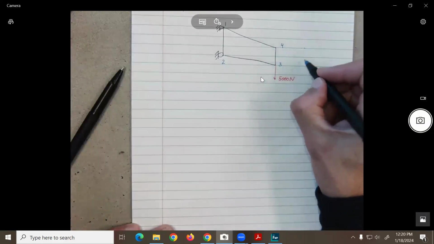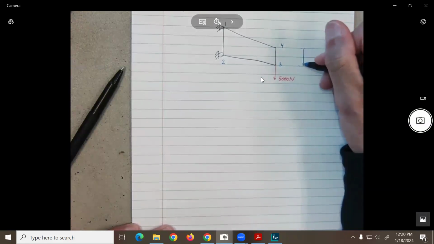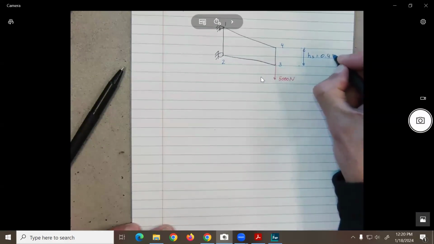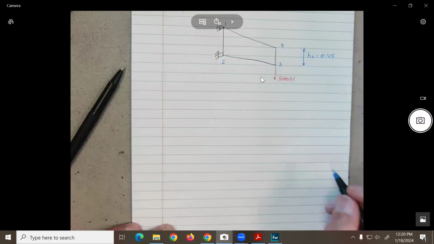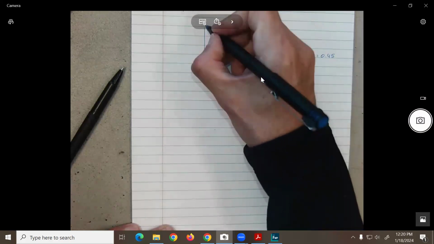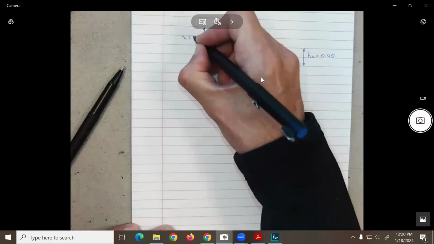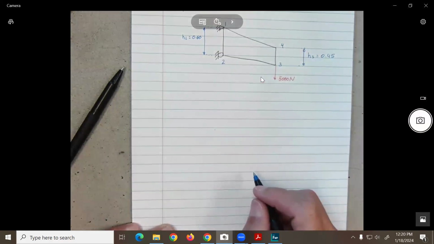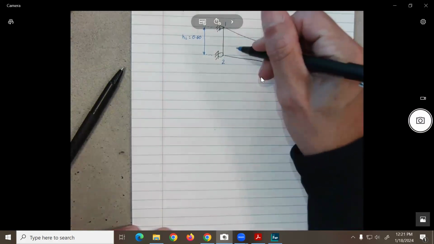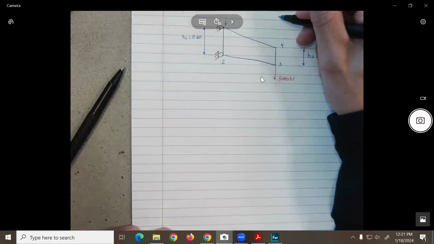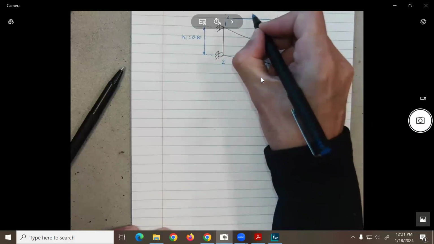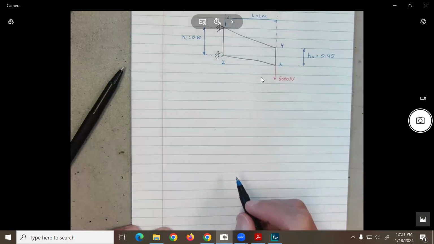The height of the short side, H sub S, will be equal to 0.45, and H long equal to 0.60. And the overall length, L, is 1 meter.